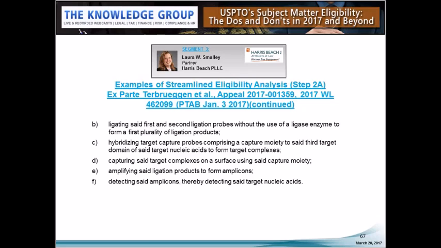The PTAB also found that the examiner did not properly evaluate the claimed invention as a whole in determining that the claim process recites nothing more than the use of conventional steps to implement the alleged abstract idea. So basically, ways to, as Steve discussed, challenge the examiner's reasoning sometimes can result in an allowed claim.